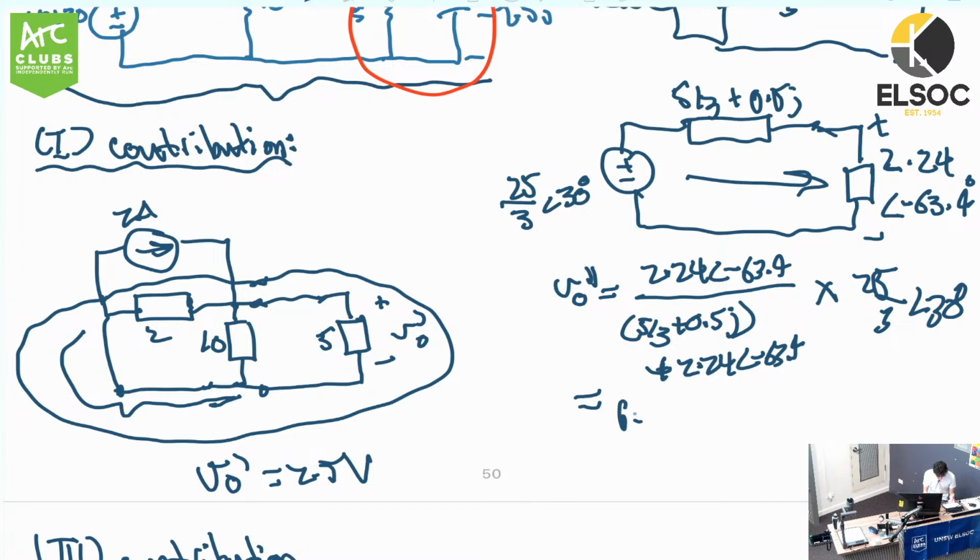And that should be 6.09 angle minus 4.08 degrees. Does that sort of make sense?